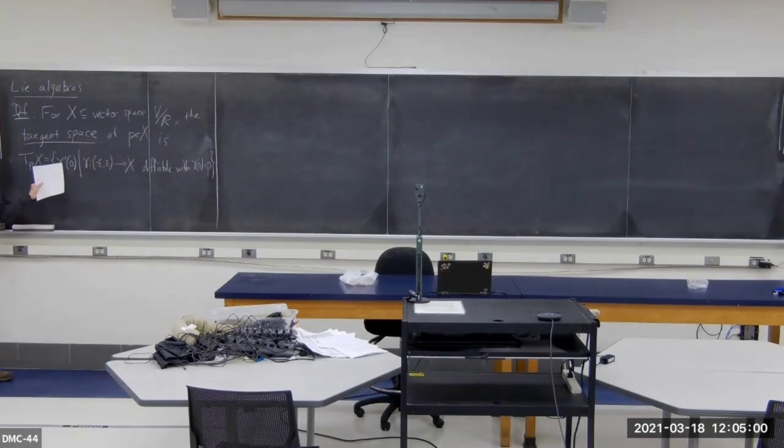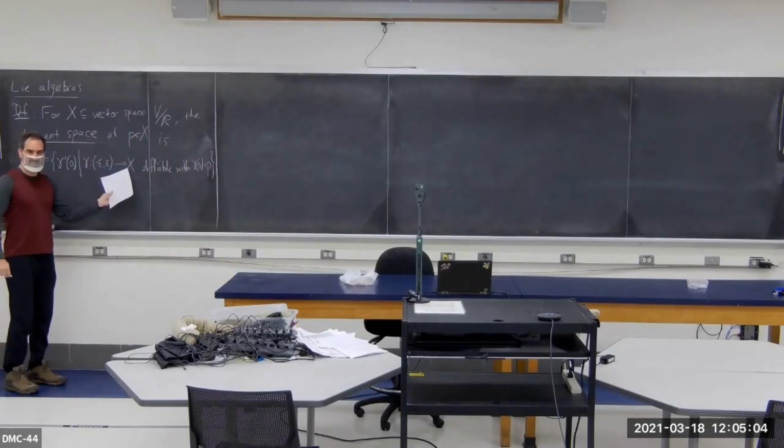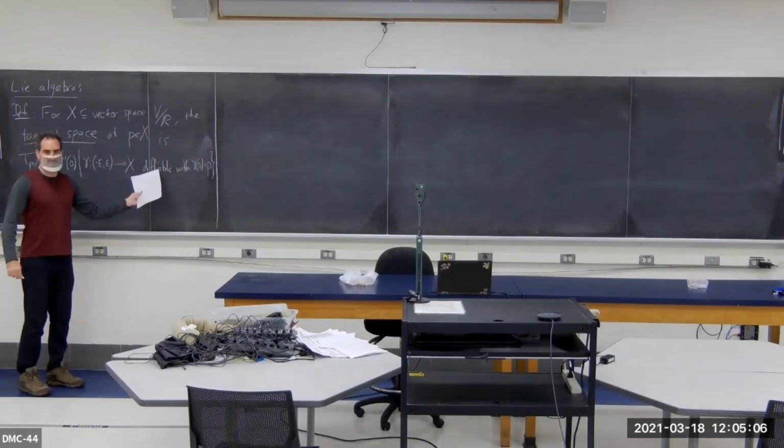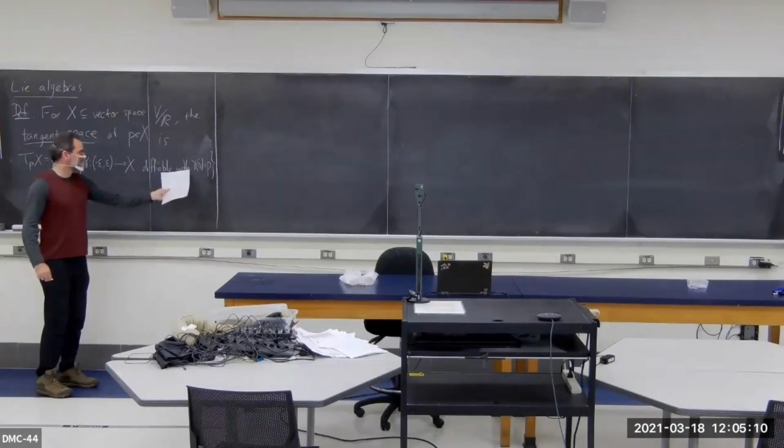We're looking at the derivatives of curves with image in X. And these curves are supposed to be differentiable so that you can actually take the derivative. And they're supposed to take 0 to P.